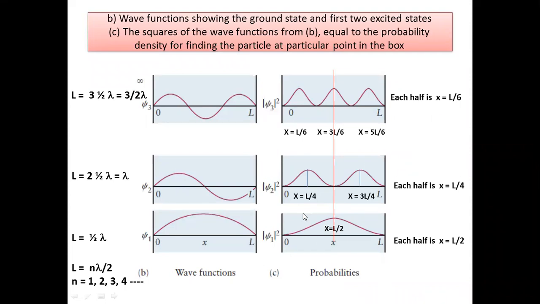Again, this is very, very important, and now this is permanently established. When the electron is at energy level 1, it completes half of the wave, and the probability of finding the electron would be at half of the length of the box, that means at L by 2, and it is just the peak of this amplitude.